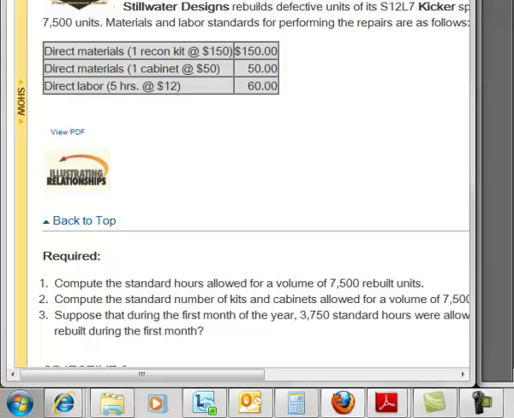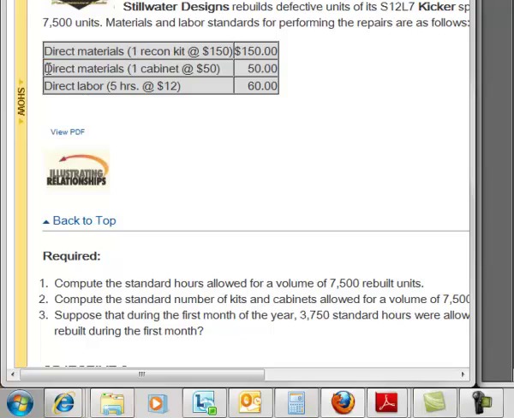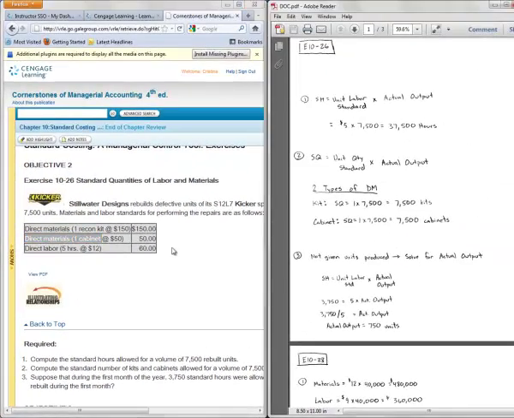In this particular instance, we have two types of direct material, so we'll want to calculate each one of those separately. You can see here we have direct material for a recon kit, we'll just call that kit, and also direct material for a cabinet. In this instance, they both have the same unit quantity standard.